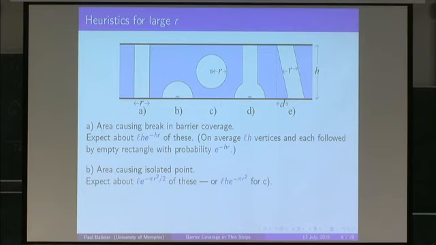If it occurs in the middle of the strip, it's more like e to the minus pi r squared, once again because of the excluded area. And then there are combinatorial factors in front. For the first one, it has to be around the bottom or the top, so that you don't get an extra factor of H. The second one, it can occur at any vertex.